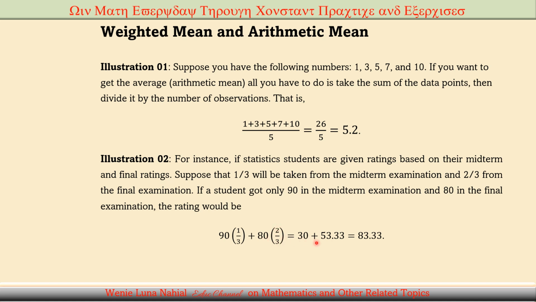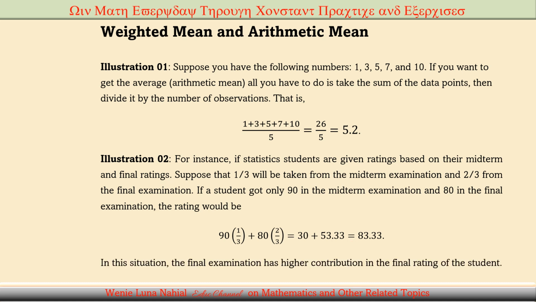We get 30 plus 53.33 equals 83.33. Here, we can say that the final examination rating has a greater contribution to the final rating of the student. So this is our illustration about weighted mean.